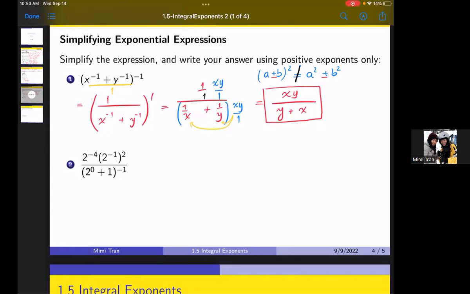Yes, if you have the laptop with you, I suggest you have the rules in front of you. But for these problems, if you don't know the rules, you can't do it. Do the denominator first, that's the easiest one.